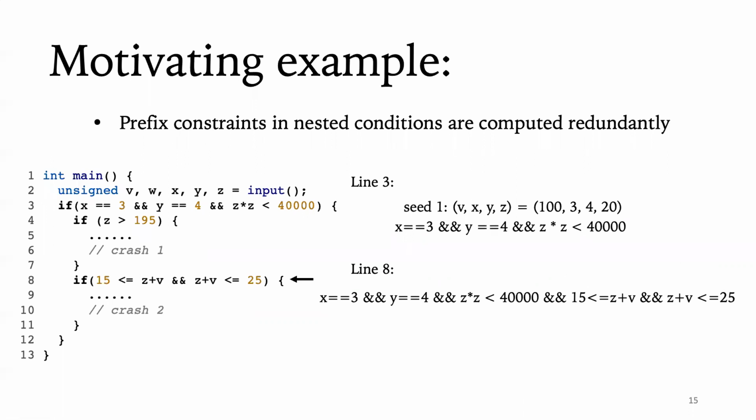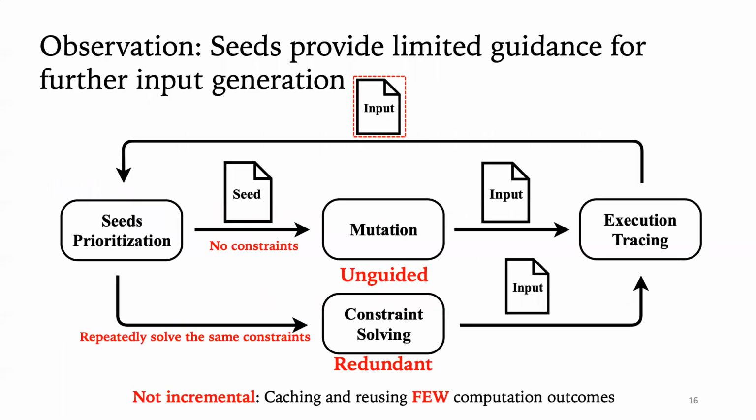We notice that part of the constraints are computed redundantly from line 3, which makes this process less efficient. Overall, both mutation and constraint solving, the main components of fuzzing to generate new inputs, are deficient due to this non-incremental issue.